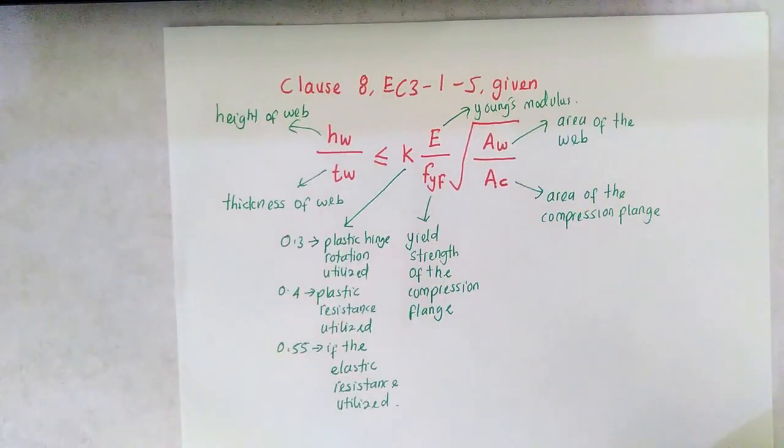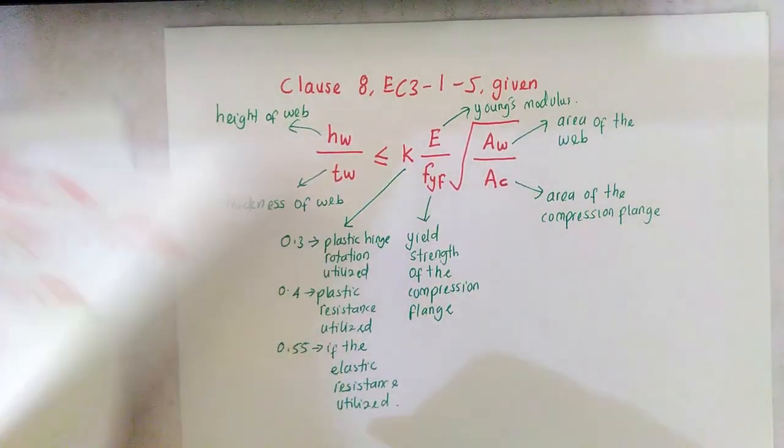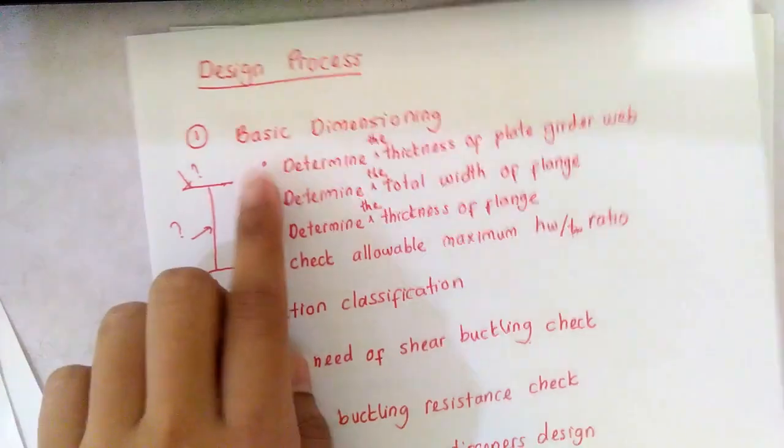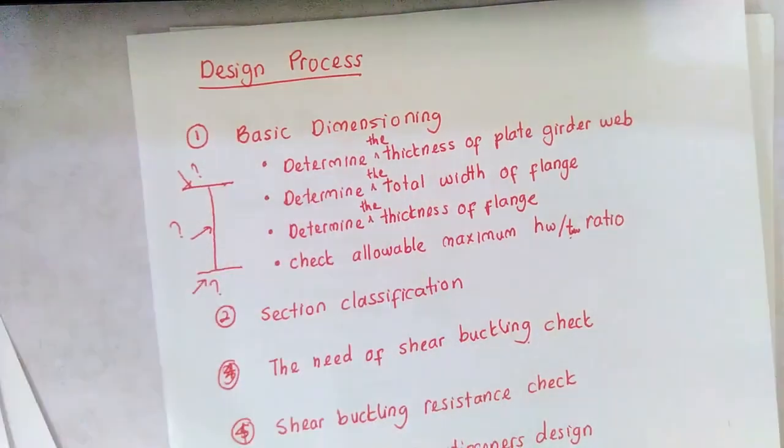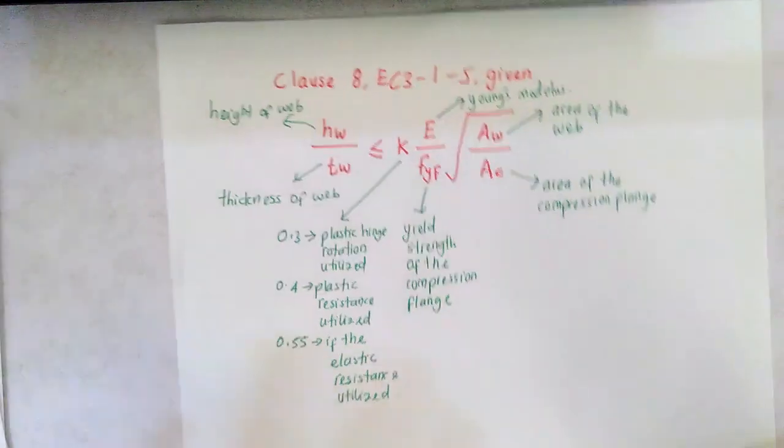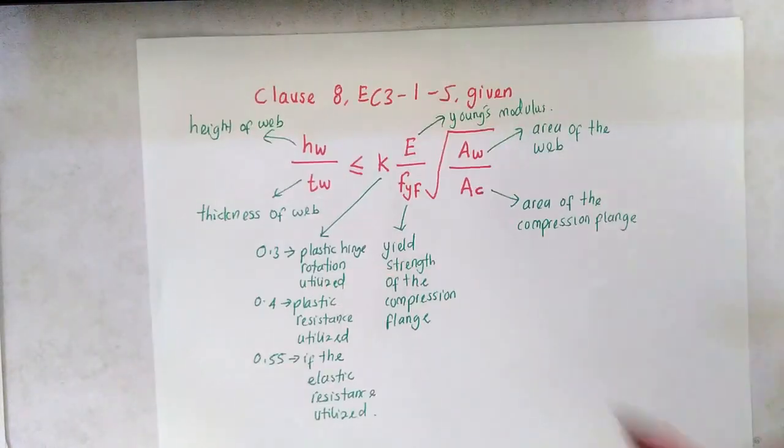Now let's go to the first step in our design process, which is basic dimensioning. In this design process, we first want to find the section sizes of the web.